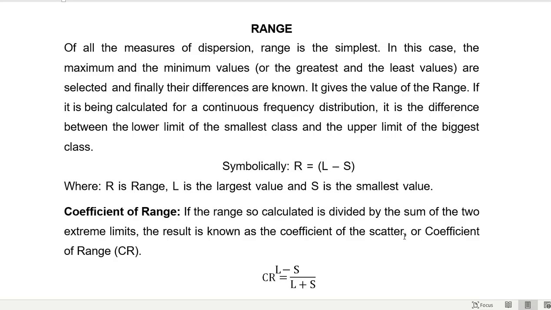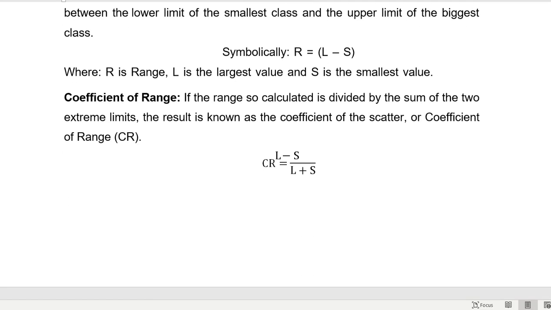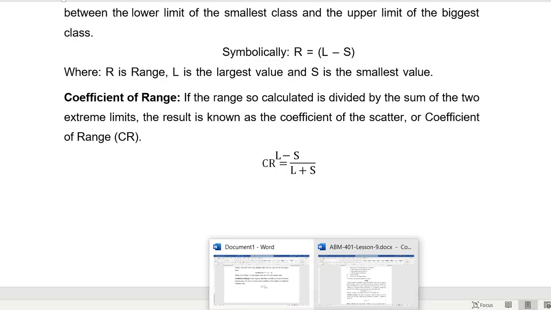Similarly, it is quite easy to calculate the coefficient of range, which is largest minus smallest divided by largest plus smallest. That's what we call the coefficient of range. I'll find a question for both grouped and ungrouped data, and we'll solve that.